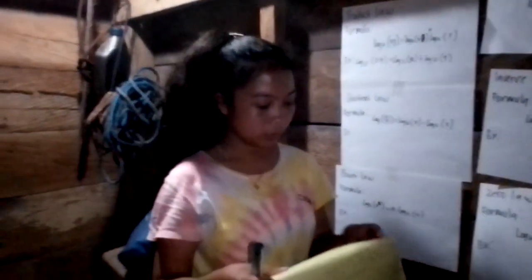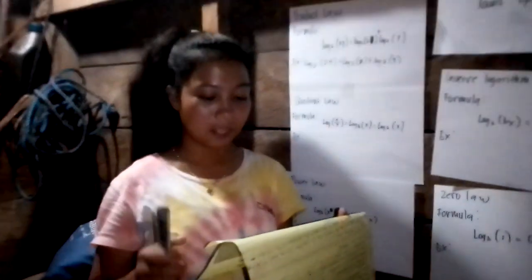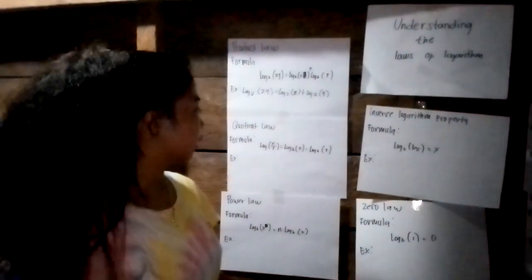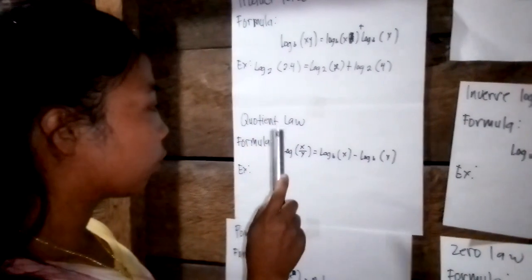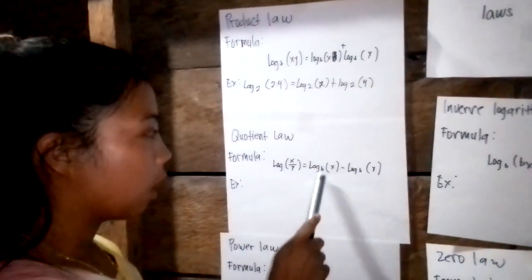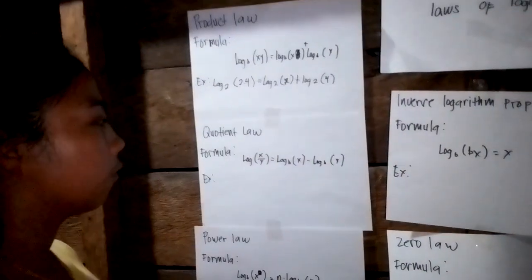Next, the quotient law. This law tells us that the logarithm of a quotient is equal to the difference of the logarithms of the numerator and the denominator. The formula of the quotient law is log base b of x over y is equal to log base b of x minus log base b of y.